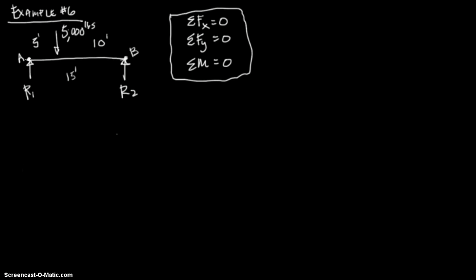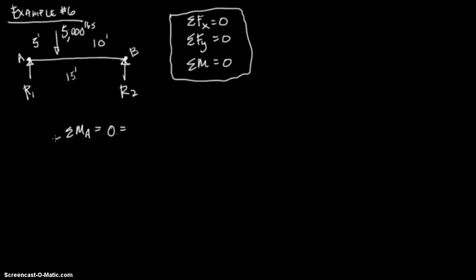Or you could do the opposite. You could do the sum of moments about A, and R1 doesn't induce a moment, so you'd be solving for R2. So let's go down here. Sorry, sum of the moments about point A is getting rid of R1. That might have been a little confusing there.